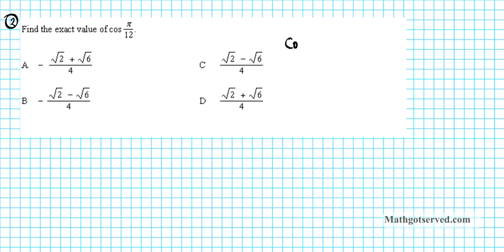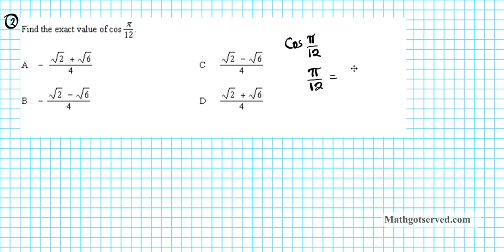Cosine pi over 12 is an uncommon angle in the sense that this is an angle that does not show up on your unit circle. So can I express this as a sum or difference of two common angles? All right, so let's work with pi over 12. So I'm going to pick two multiples of pi that add or subtract to yield pi, and have a common factor with 12.